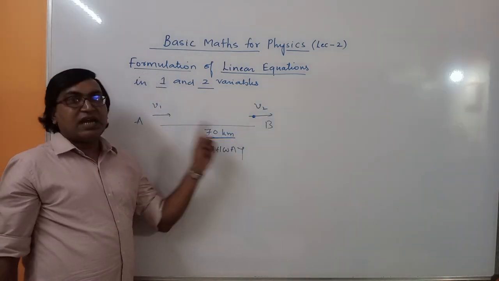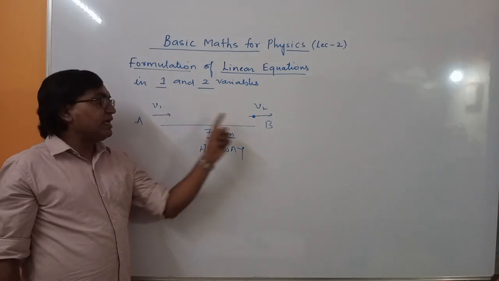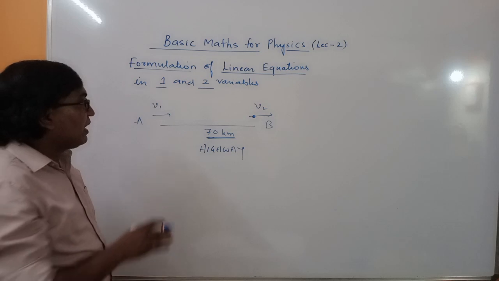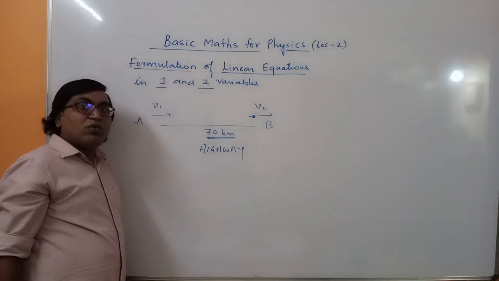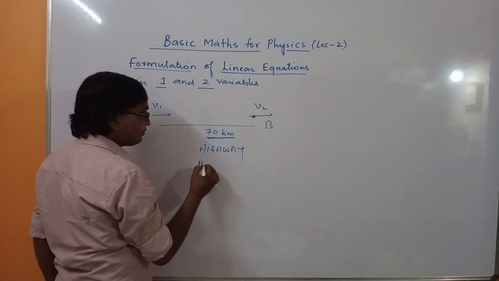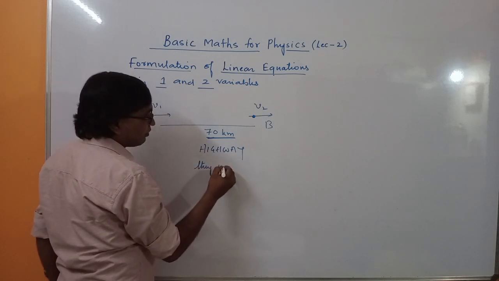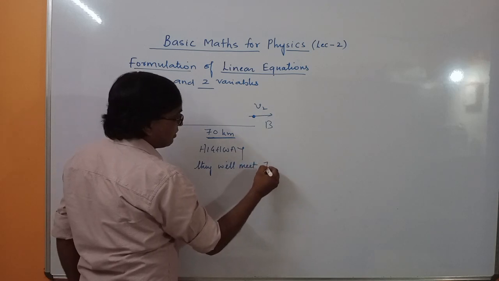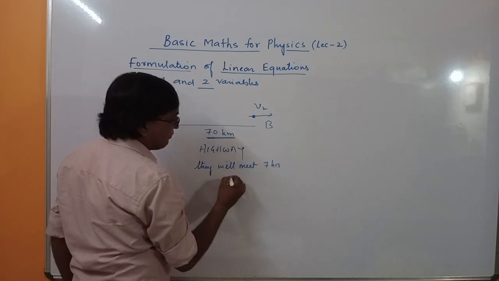Both the cars start simultaneously from point A and point B, which are 70 kilometers apart, and they move in the same direction, then they will meet seven hours after the start.